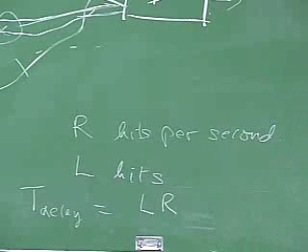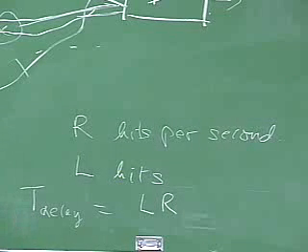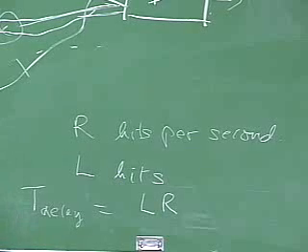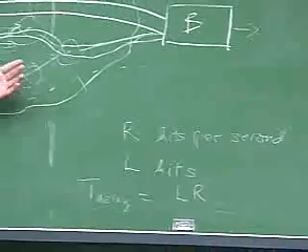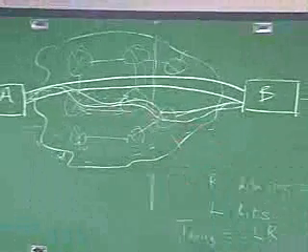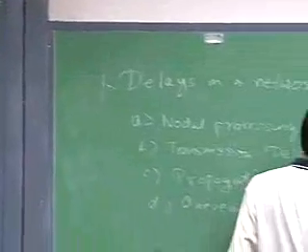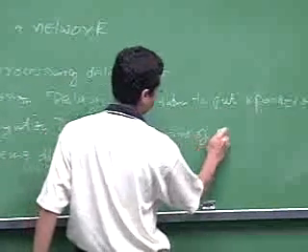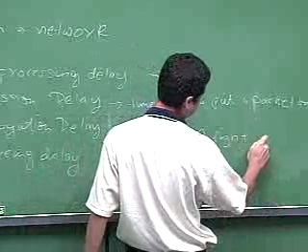The propagation delay, on the other hand, depends on the time it takes for the packet to move between two different nodes. So propagation delay is of the order of speed of light and distance.